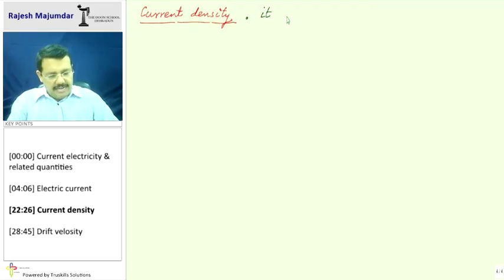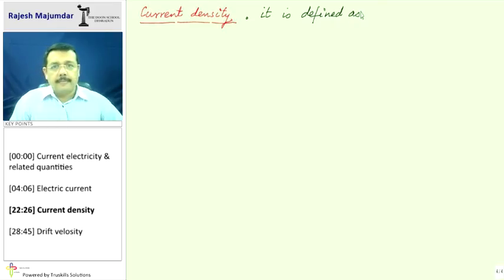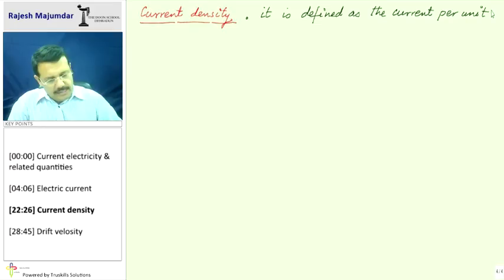It is defined as the current per unit area of cross section.